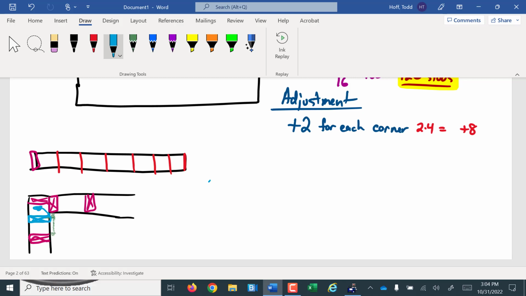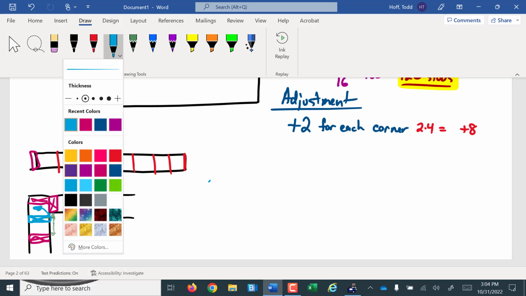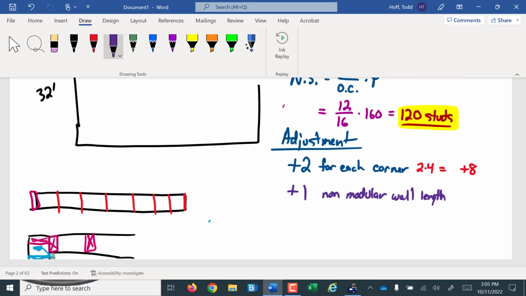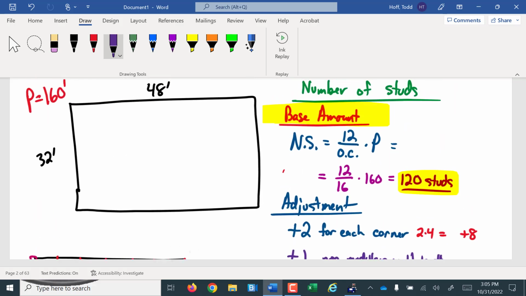The next adjustment is +1 for non-modular walls. The packet just says for any odd length wall. By odd length, it means non-modular.